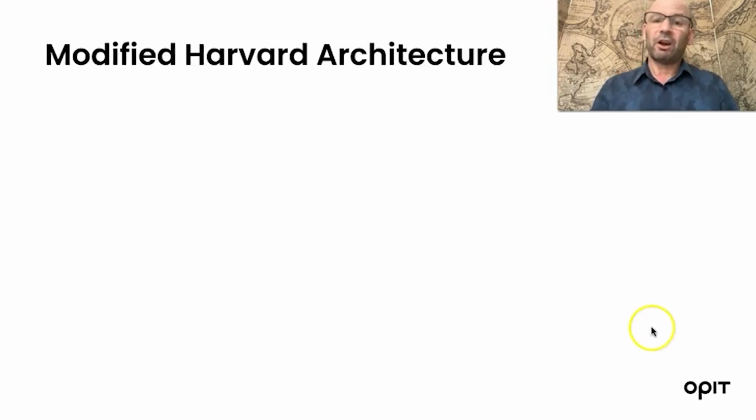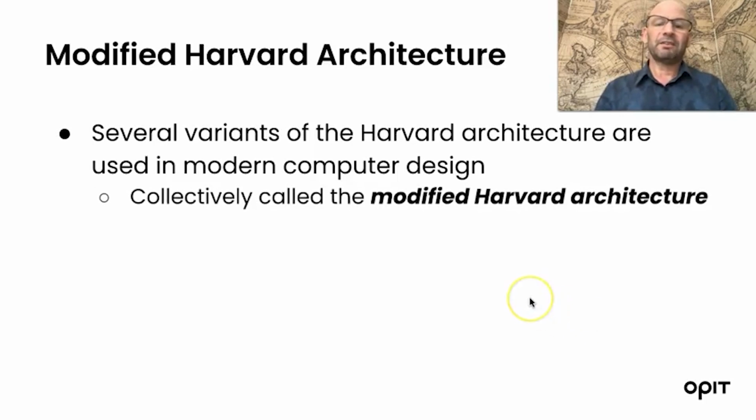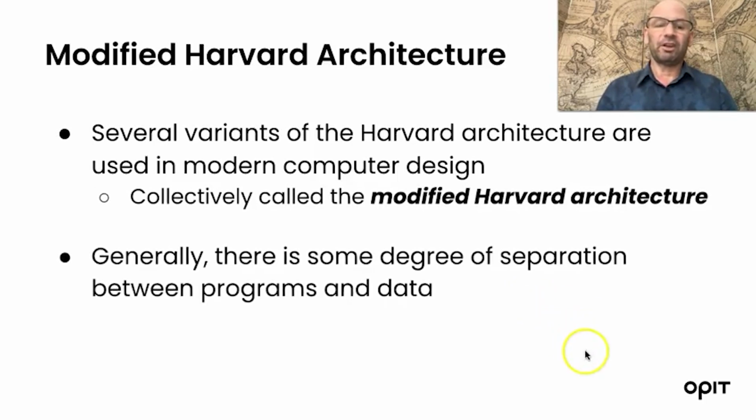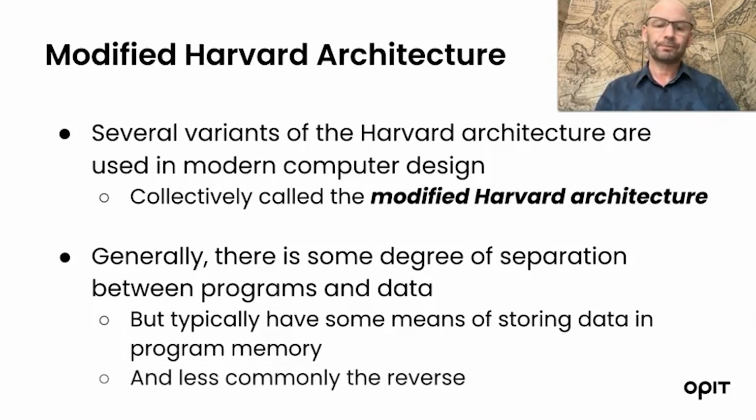The modified Harvard architecture, several variants of this. They're used in modern computer design, so a little bit of both, collectively called the modified Harvard architecture. And generally, there's some degree of separation between programs and data. So we want to optimize as best we can with some separation, but typically some means of storing data also in program memory so that the processor doesn't have to do quite as much as it would with a standard Harvard architecture.